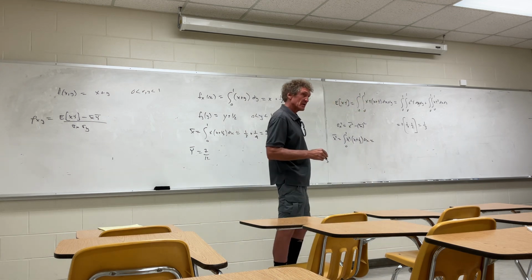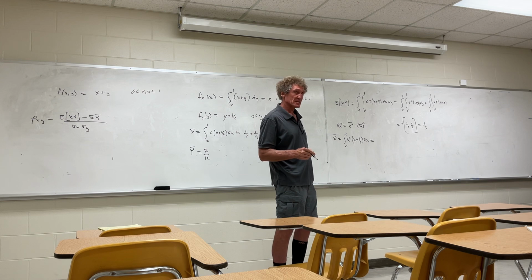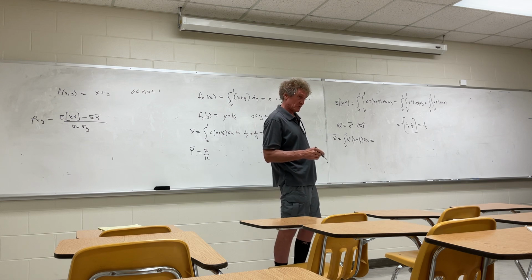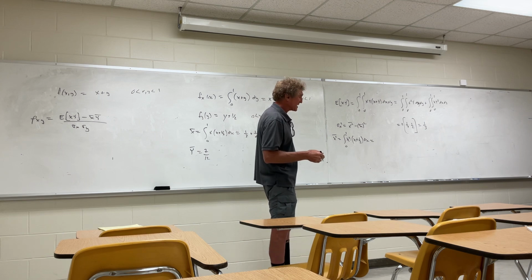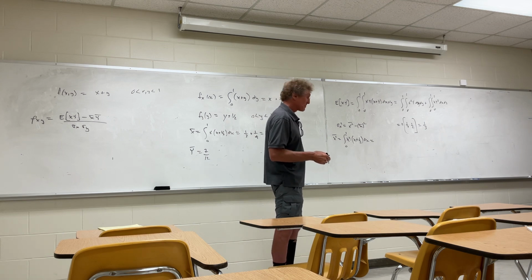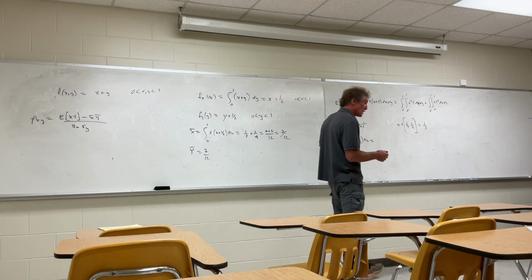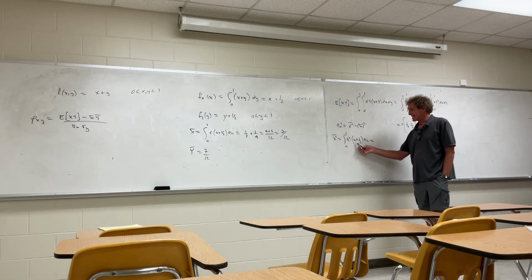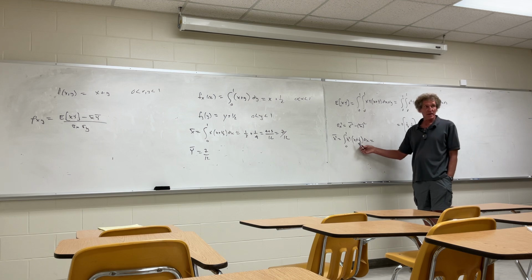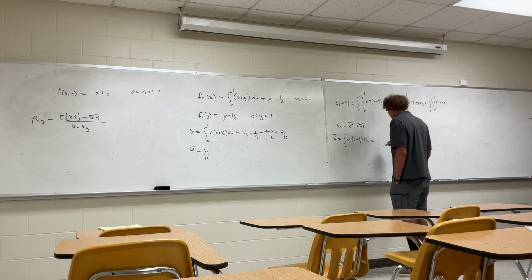I might add, we could use arguments of symmetry to get sigma y squared based on this, but let's go ahead, we could get y squared bar. What is that going to be? Well, I got x squared times x, that's x cubed dx, or x to the 4th over 4 from 0 to 1. Y'all agree with that? So that's 1/4 is the first term.